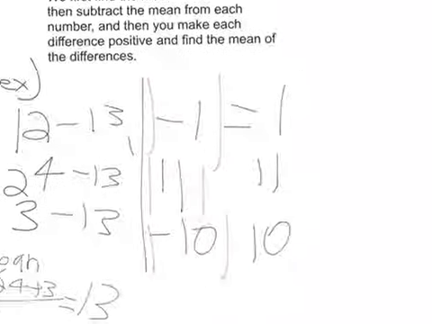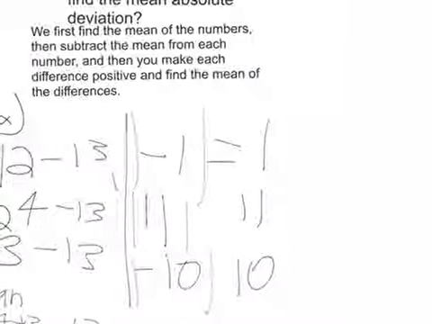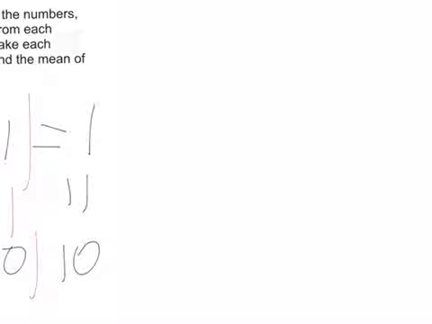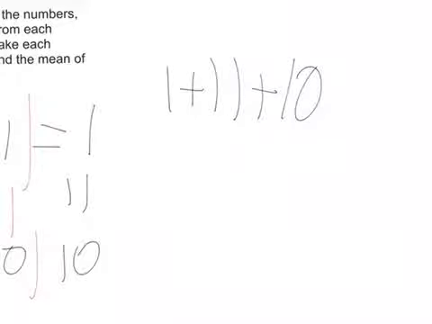For the final step, we're supposed to find the mean of all the differences, which are 1, 11, and 10. To find the mean, we do the same process: 1 plus 11 plus 10, which will get you 22.